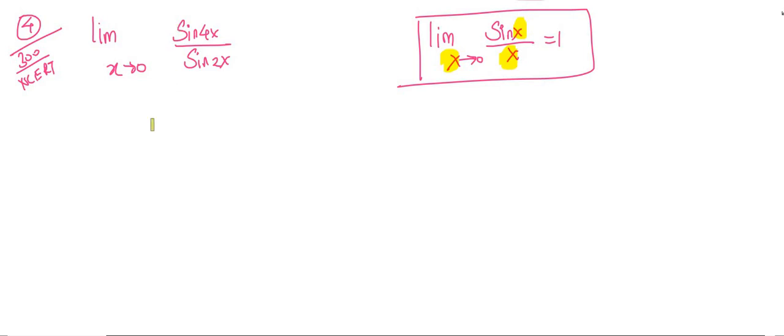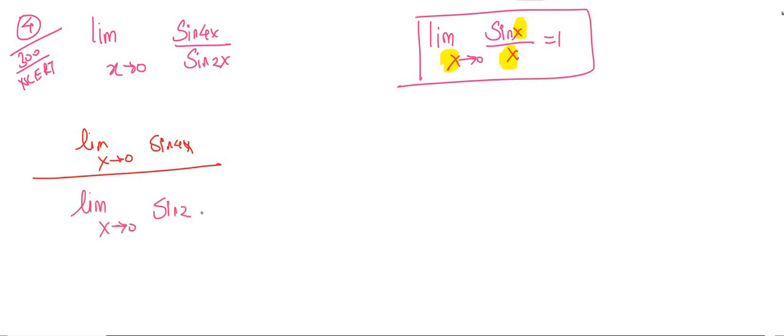So first let me split it. Limit will go to both up and down, है ना? तो sine 4x, and what it will go here? Limit x is going to 0, sine of 2x. Correct? To be able to apply formula, we need something in denominator, right?